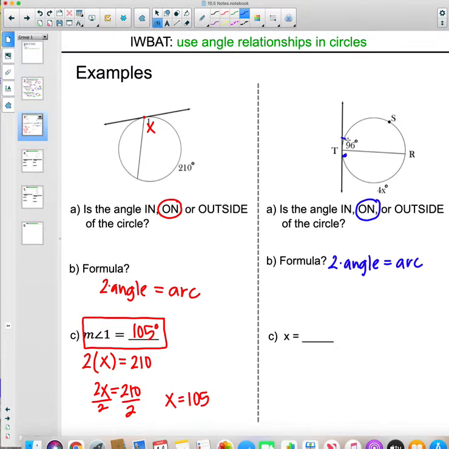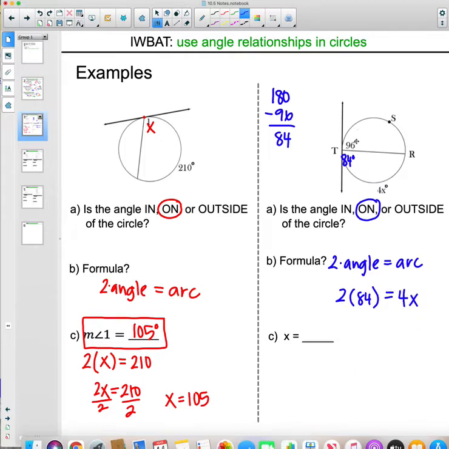Remember, these 2 angles are a linear pair. So we'll do 180 minus 96 to get 84. Then we'll have the angle that pairs up with this arc. So then we'll do 2 times the angle equals the arc.